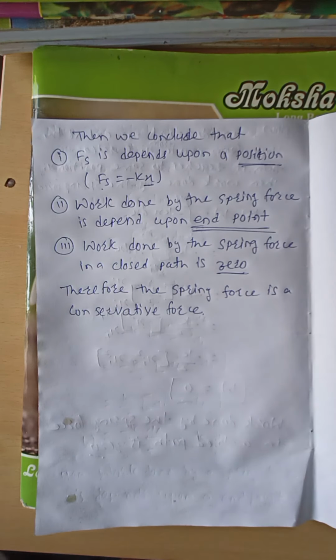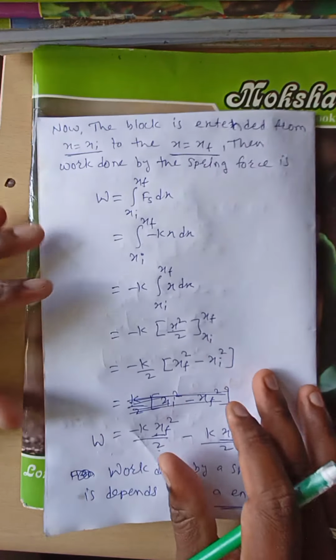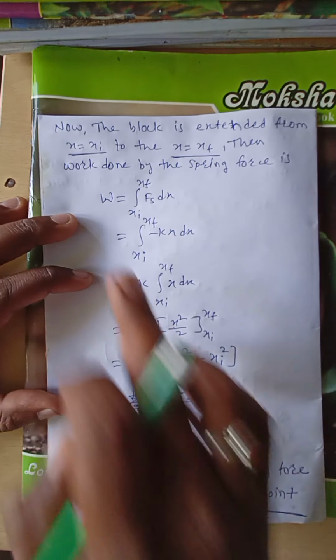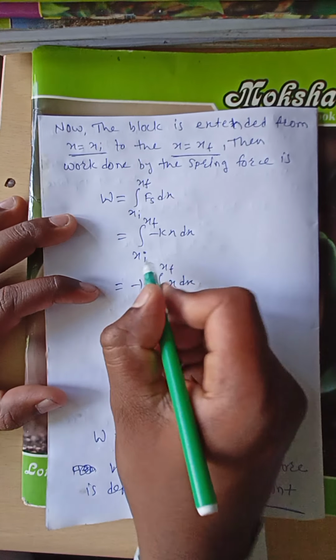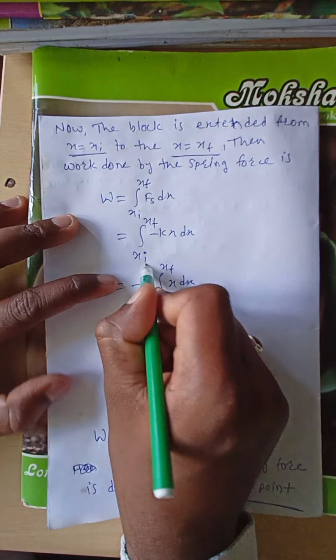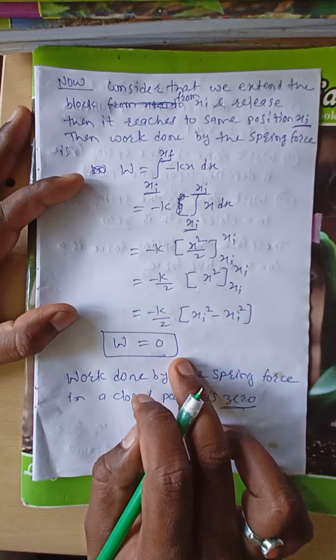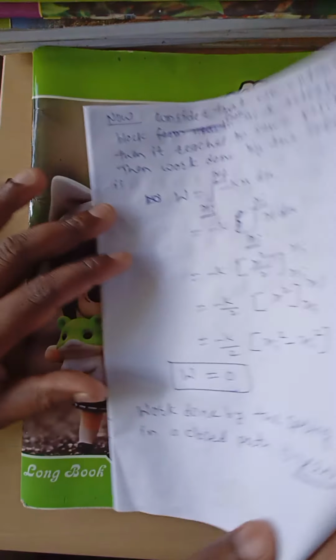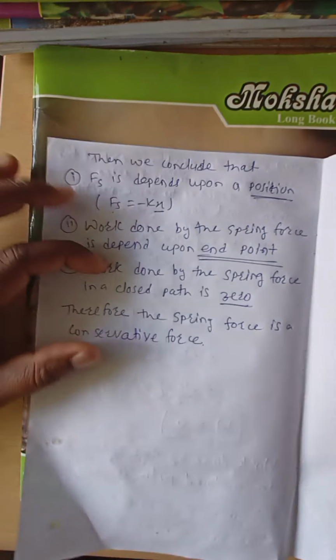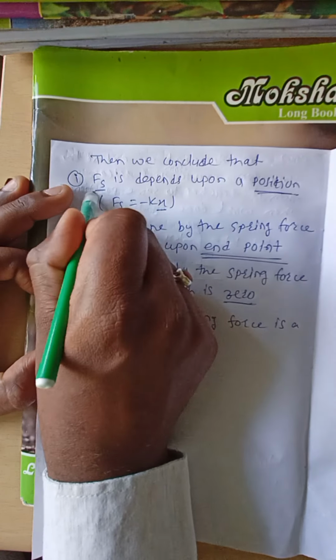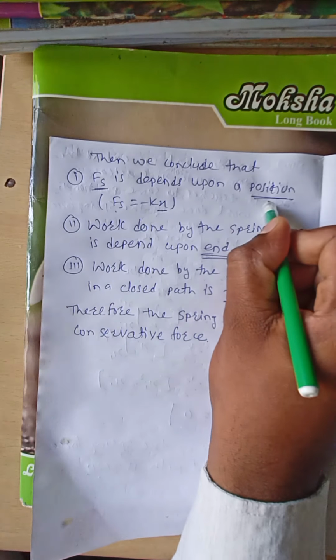If asked to prove that the spring force is a conservative force, we write the following. The work done by a spring force has initial point xi and final point xf, therefore the work done depends upon the end points, and work done in a closed path is 0. Therefore the force depends upon position.